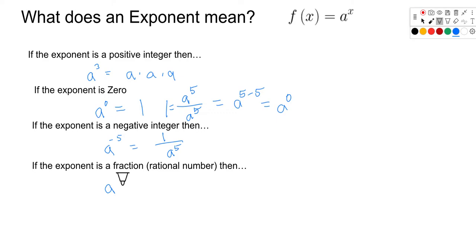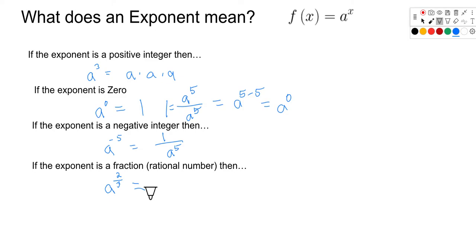Let's go with 2 over 3. Again, from algebra, whatever is in the denominator, that's a root. That's what multiplies by itself, in this case 3 times, to give us a. The 2 in the numerator is just like a positive exponent.